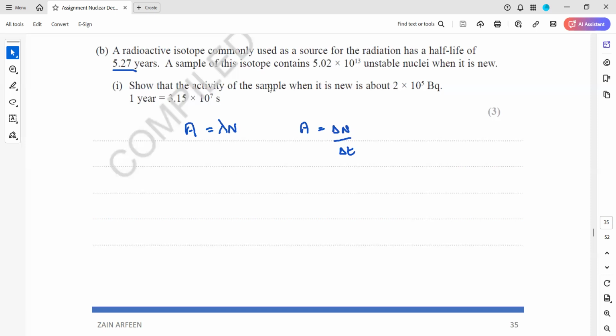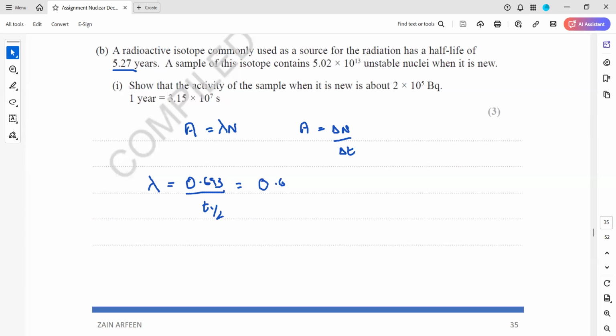We have the half-life, as I already mentioned. So using the half-life, we can work out the decay constant, because lambda is equal to ln2, or you can also write 0.693, divided by t half. Or half-life is 0.693 over lambda.